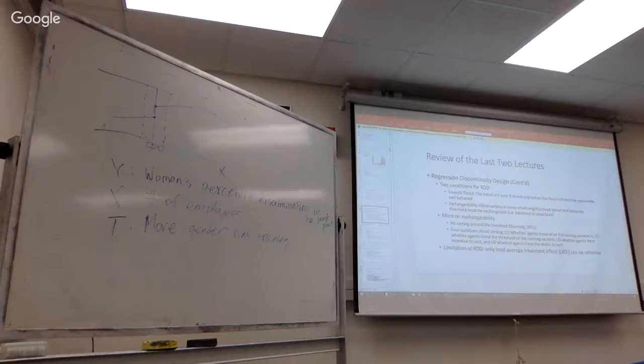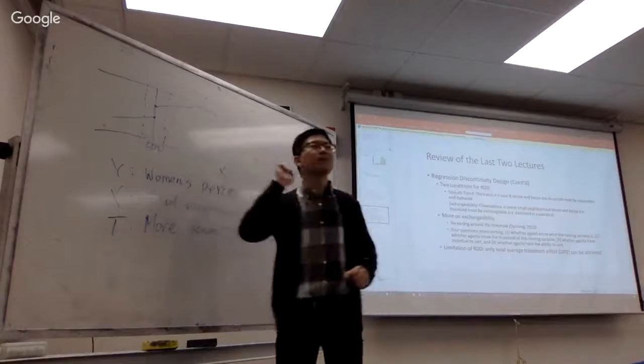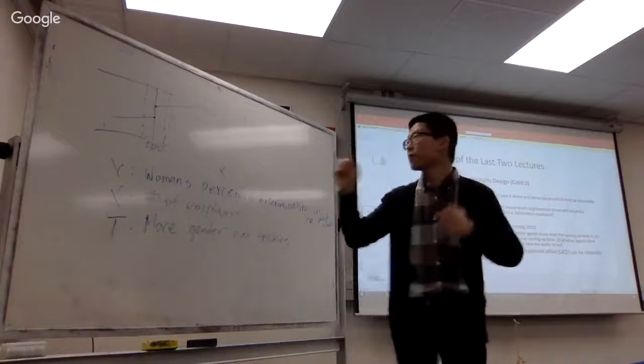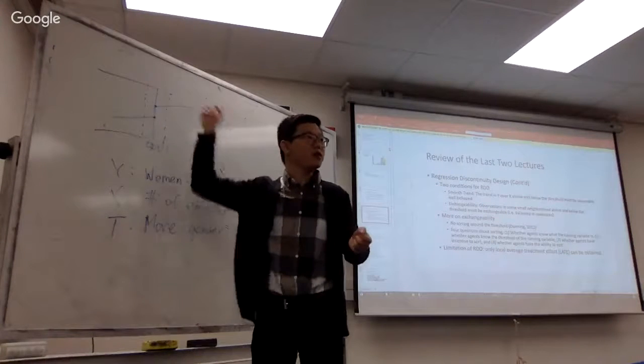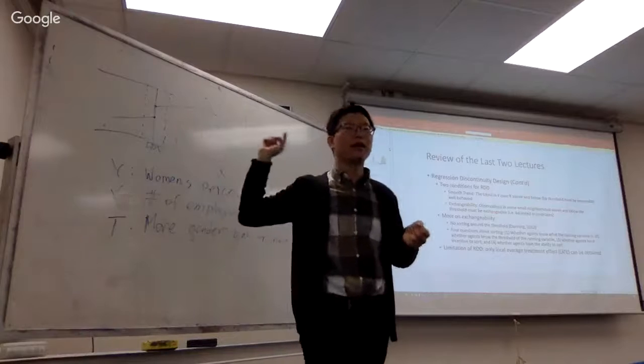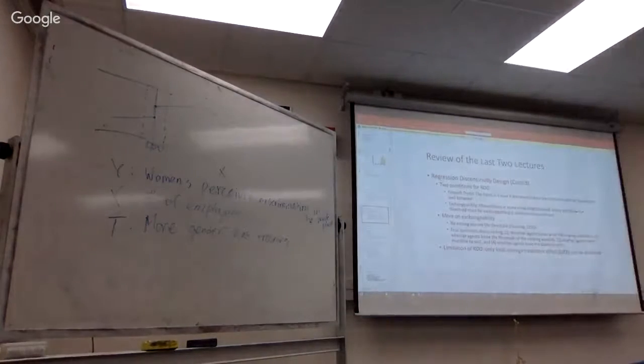Does that make sense? Yeah. So in this case, we cannot believe that these companies are perfectly balanced in covariates anymore. So that's why we cannot be sure that this is the causal effect of T on Y. Good.